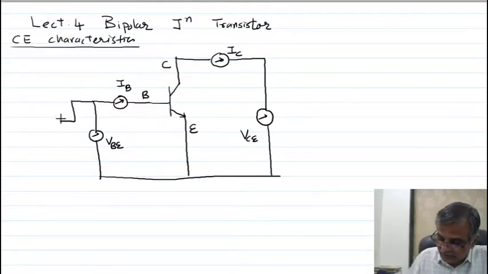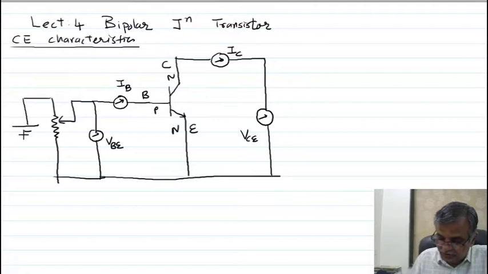Here I have to use a potentiometric circuit, which I have already discussed. This is your NPN, so the base is positive. For the forward bias I am connecting like this.